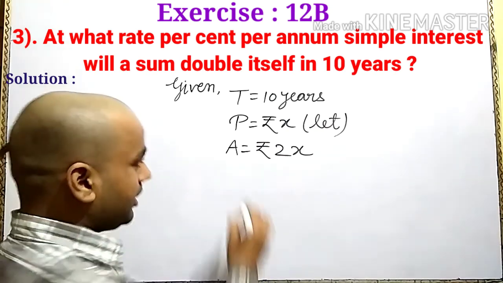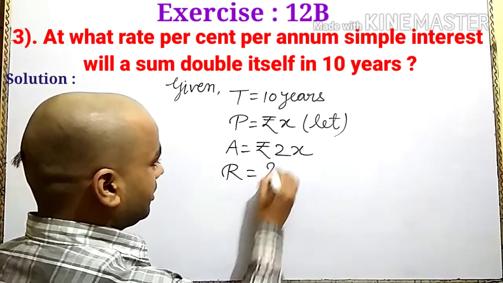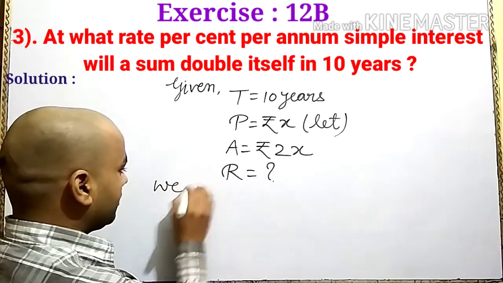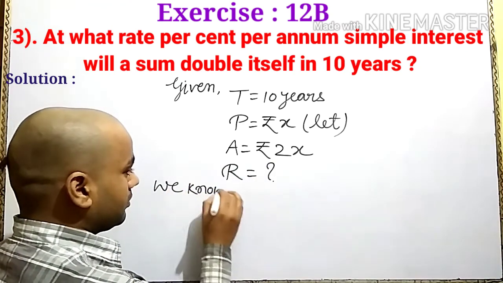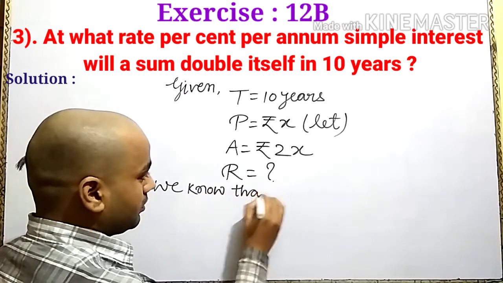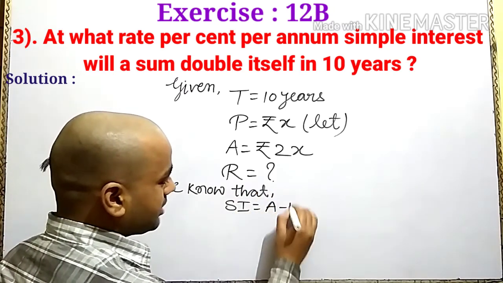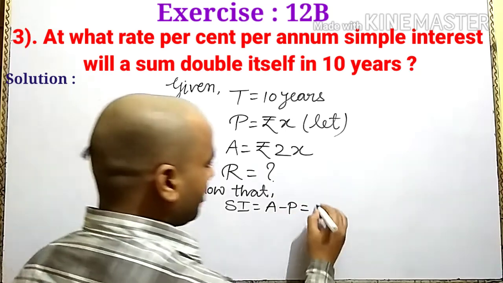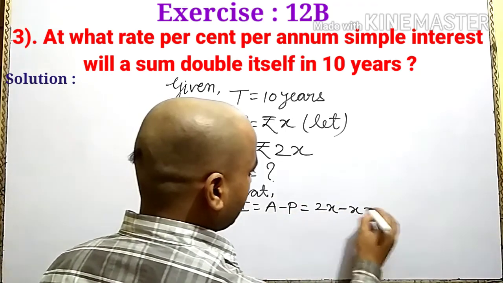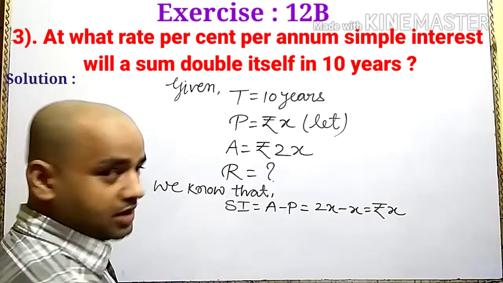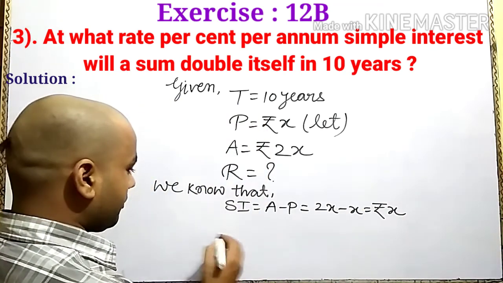And find the rate. The rate is equal to what? So we know that SI is equal to amount minus principal. Here amount 2x minus x is equal to x rupees. Is it clear? So find the rate.